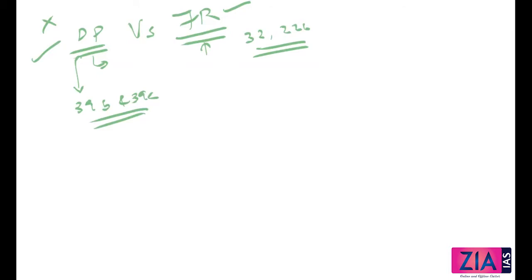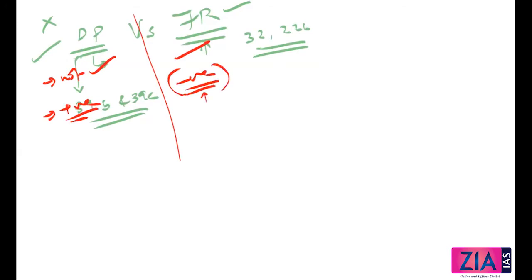So the main difference between DP and fundamental right is that this is not enforceable, this is enforceable. In fact, DPs are positive in nature, fundamental rights are negatively worded. These are positive affirmations: the constitution is telling the states to do this, do this, do this.